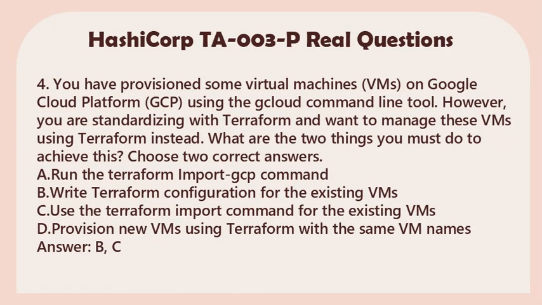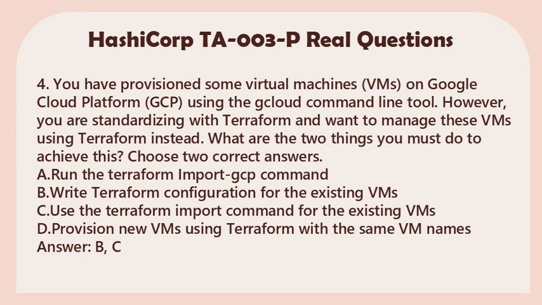4. You have provisioned some virtual machines, VMs, on Google Cloud Platform, GCP, using the gcloud command line tool. However, you are standardizing with Terraform and want to manage these VMs using Terraform instead. What are the 2 things you must do to achieve this? Choose 2 correct answers.